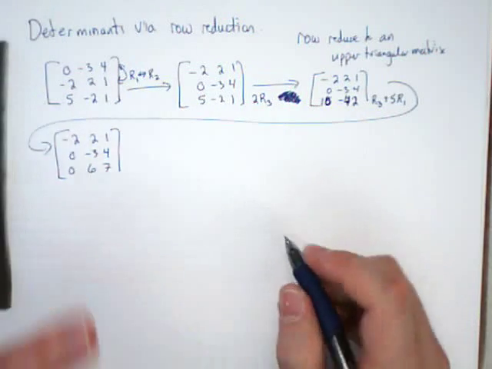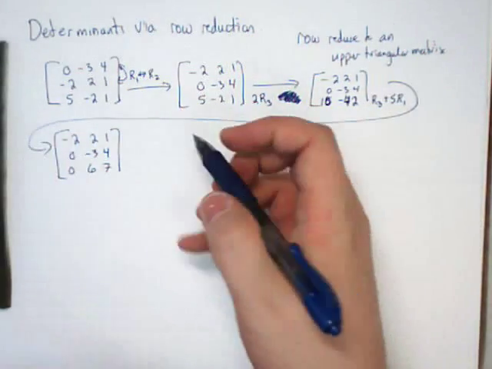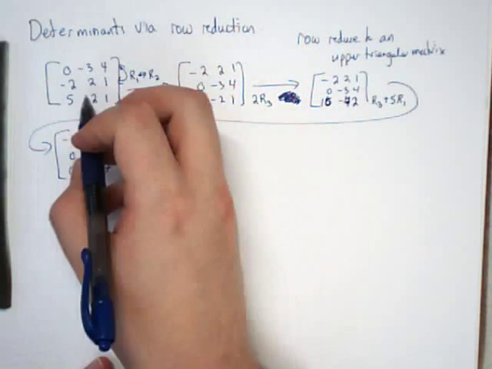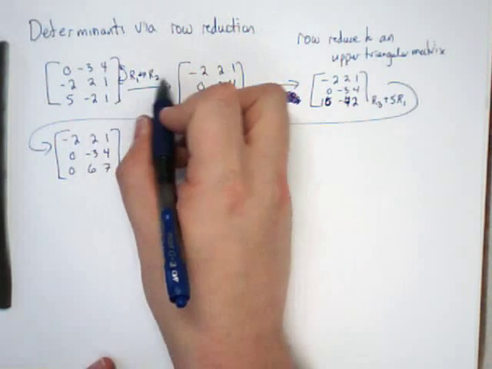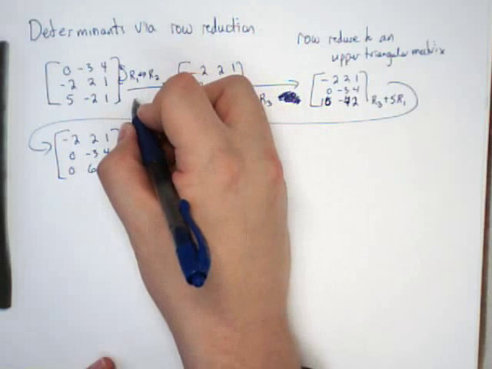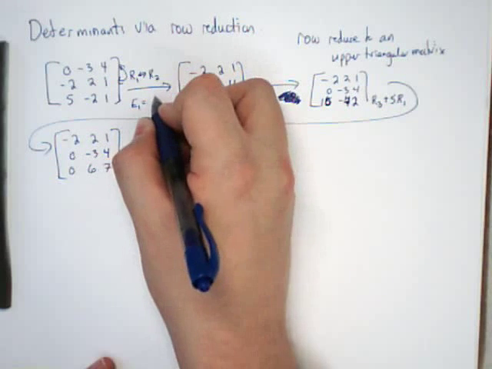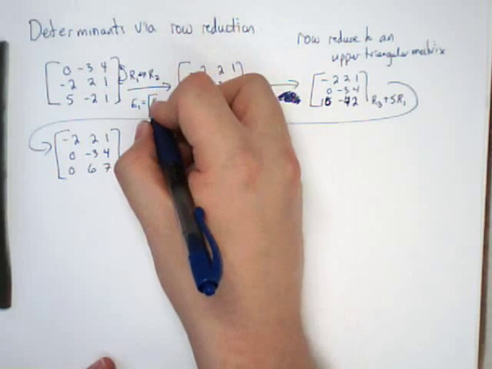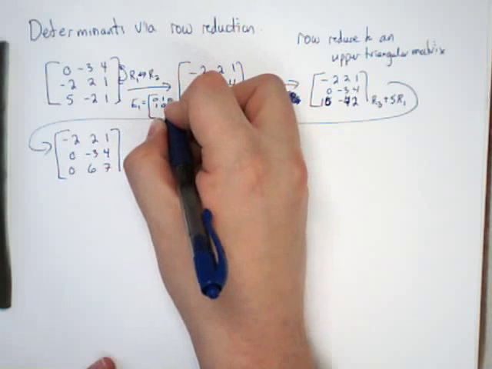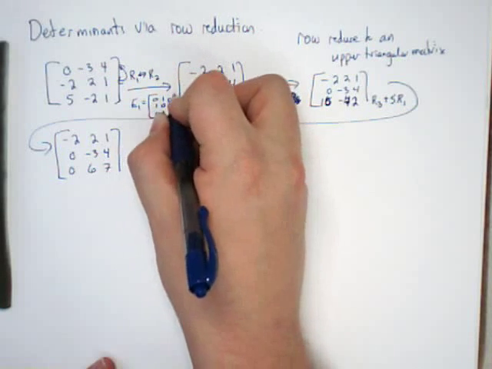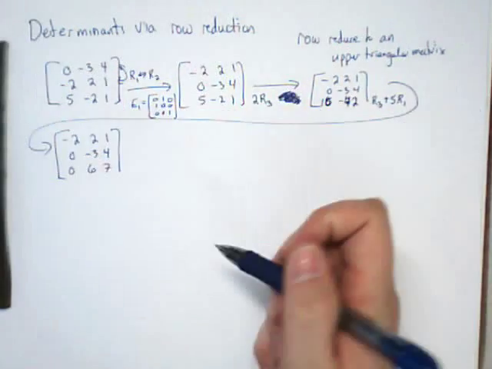All right, before we keep going, I just want to remind us, in the last screencast we talked about elementary matrices. Each row operation is the same as multiplying by an elementary matrix. I'm going to write down this first one. We swapped 2 rows: 0, 1, 0, 1, 0, 0, 0, 0, 1. We just swapped row 1 and row 2.